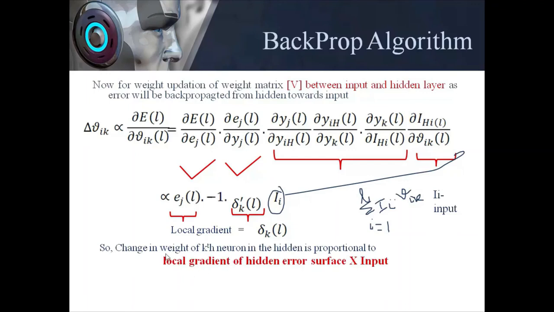So I can very well say that the change in the weight of the kth neuron in the hidden layer is proportional to the local gradient, that is delta k, for the nth pattern, applied with the input, that is I. Okay, we can easily solve this term, delta dash k, as nothing but the derivative of the activation applied at the kth hidden layer neuron. So that can be easily solved by solving these in actual terms.